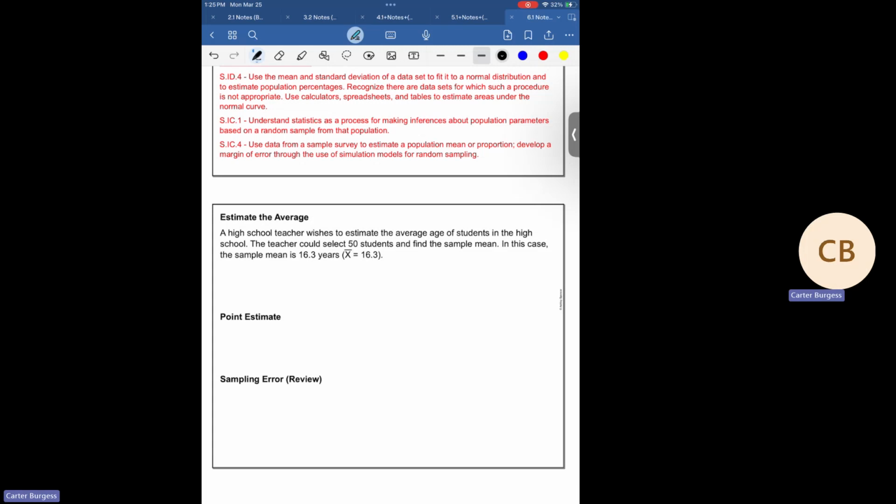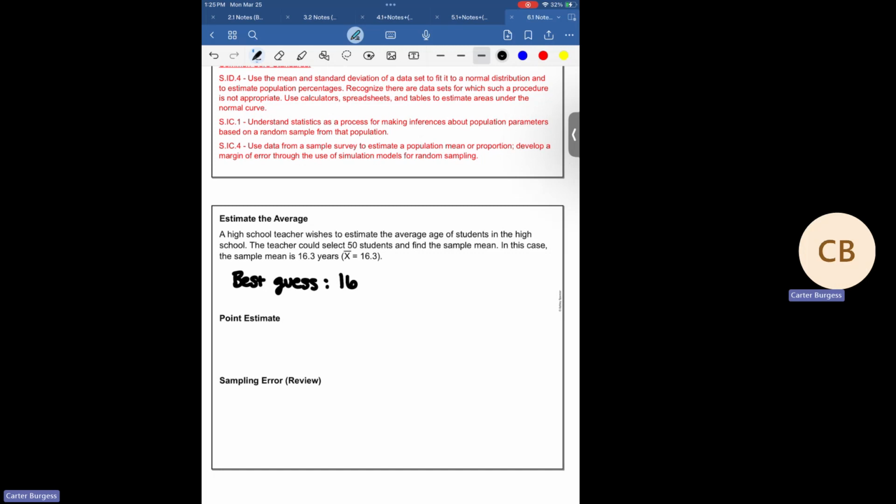We expect X bar and mu to work out to be about the same. So our best guess from this is that the true mean, mu, should be equal to 16.3.